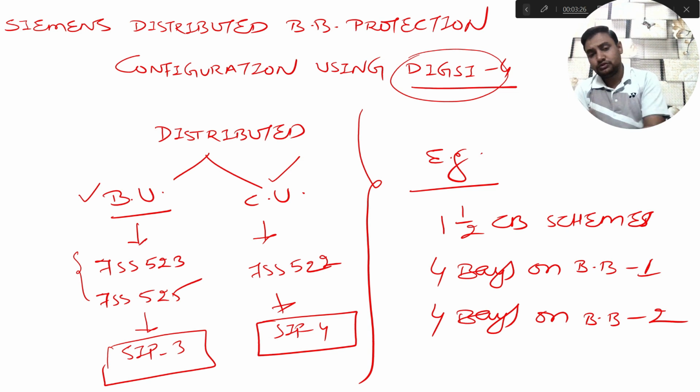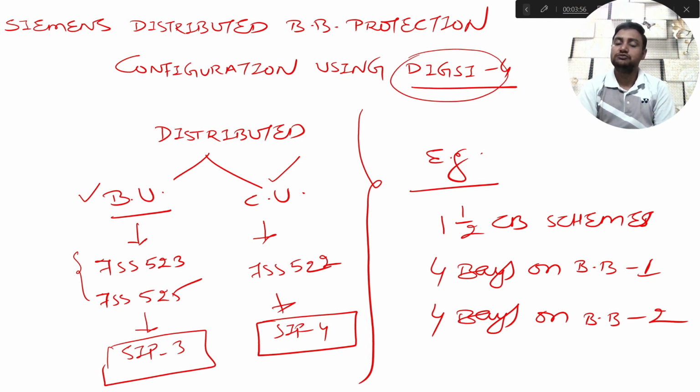There is not much difference between the configuration of 7SS523 and 7SS525. Configuration wise, the input output configuration wise, both these bay units are exactly the same. The only difference is in the number of binary inputs and outputs available between these two variants, and the number of LEDs available in 7SS523 and 7SS525 is different.